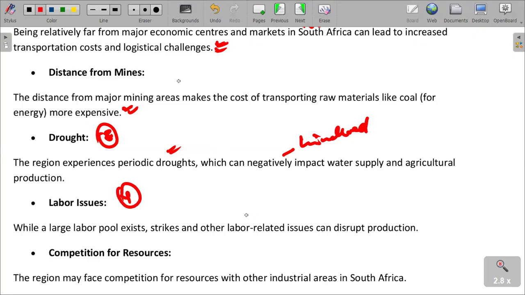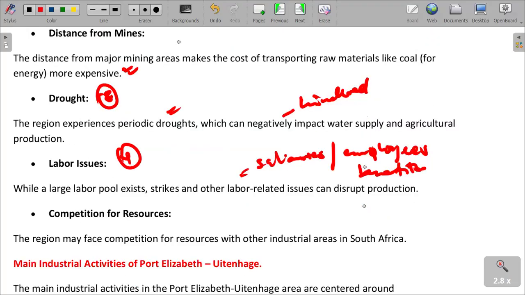So now we have got issues to do with salaries or employees benefits. We are saying all these are challenges that can affect businesses.